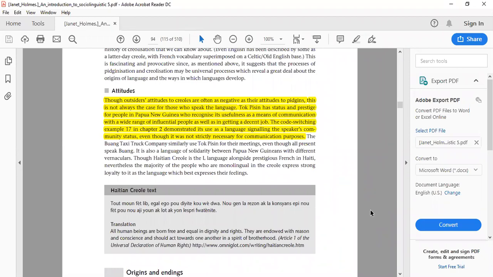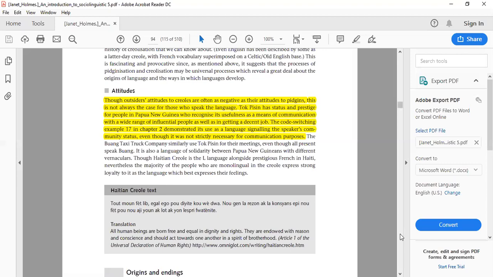And the attitude of the native speakers towards Creole is normally positive, because that's their own language that they are speaking, right? However, it may happen that other people have a negative attitude towards that language. It varies. It may not be 100% the case that everyone has a negative attitude towards that language.